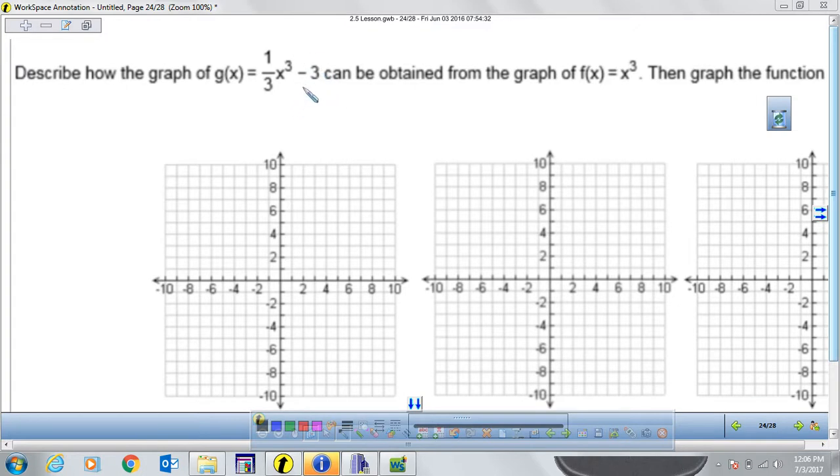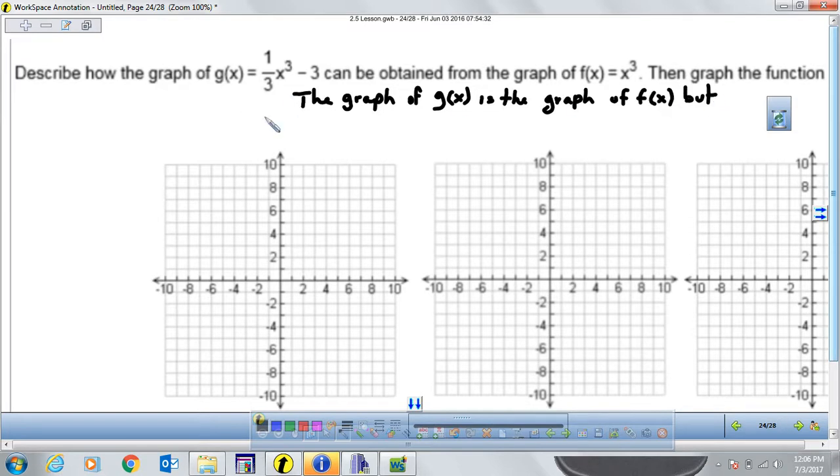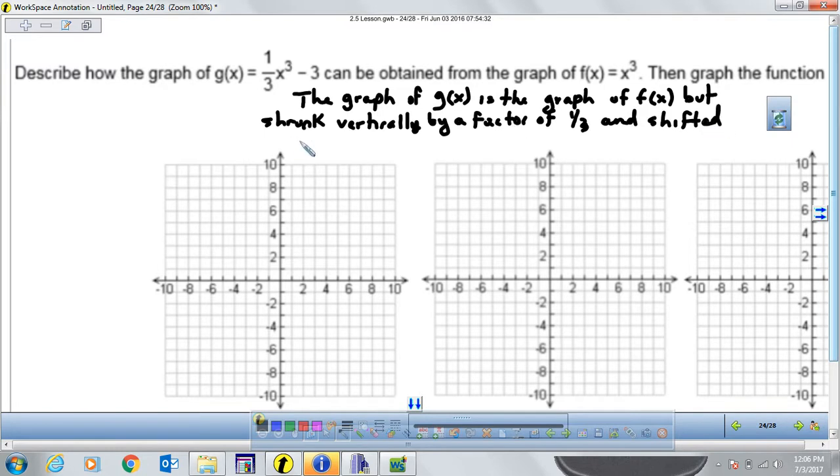So we can already describe it, and then we're going to look at the graph. We're going to say that the graph of g of x is the graph of f of x, but shrunk vertically by a factor of 1/3 and shifted 3 units down or downward.